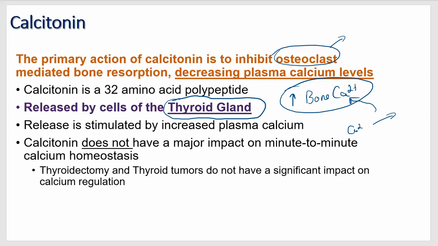It does maintain the bone structure. Remember, calcitonin is being released by the thyroid gland. It doesn't have a significant impact on calcium regulation. We do know that it's functioning to maintain it in the bones.